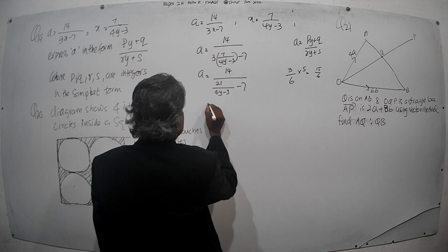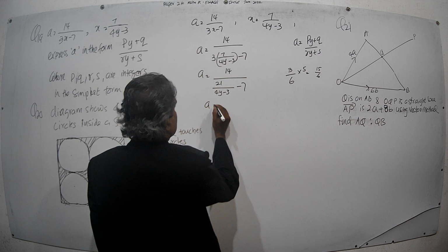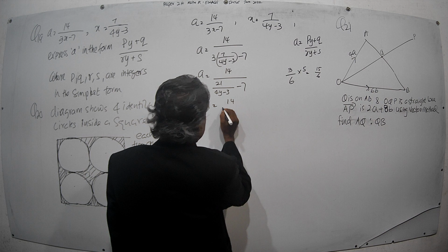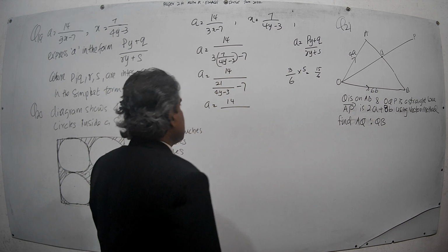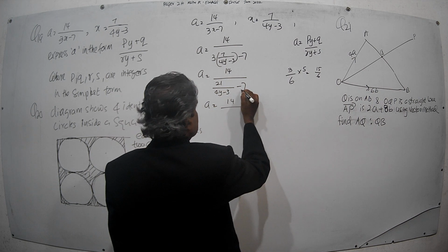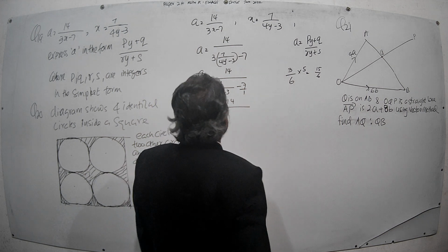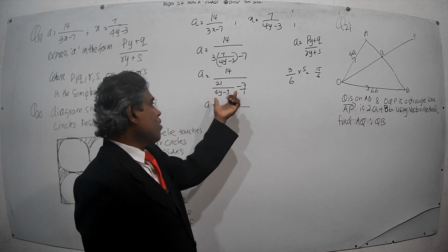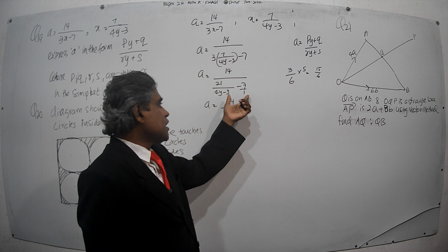Okay. Right. Now we will simplify the denominator. A equals 14. Now what is the denominator? We will add this. What is the denominator of this 7? That is 1. Then you find the LCM of this 1 and 4y minus 3.